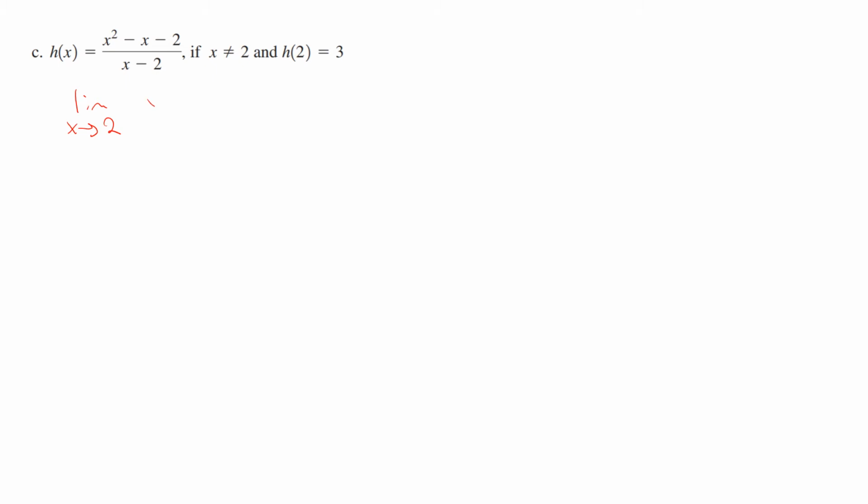And then I have x squared minus x minus 2 over x minus 2. We're going to do what we did in 1.5. We're going to simplify the numerator so that we can cancel out the denominator x minus 2 to get rid of that undefined stage. So here I'm going to simplify it into (x minus 2)(x plus 1), and then I have x minus 2 over here.